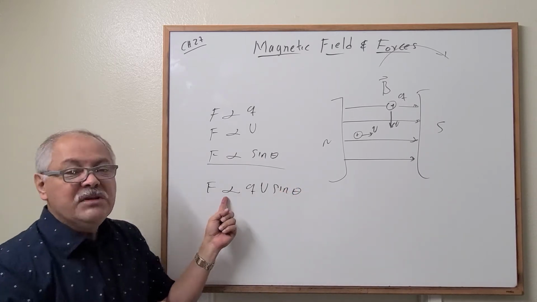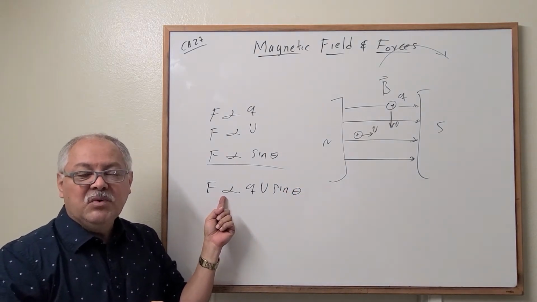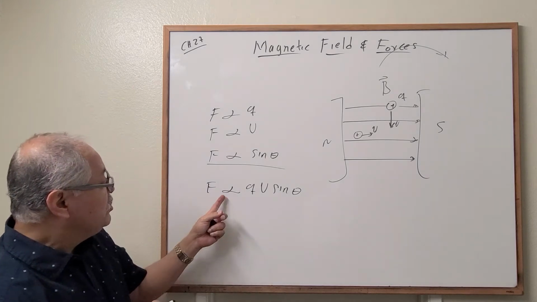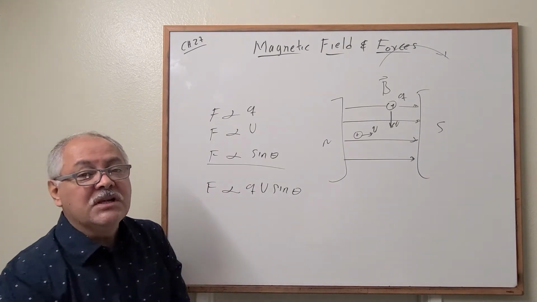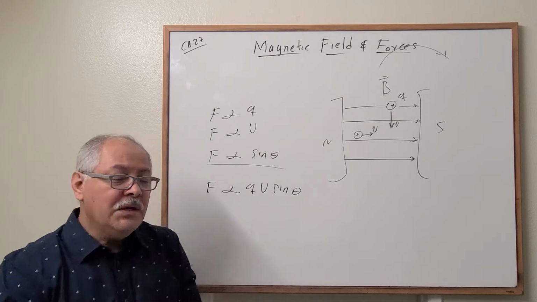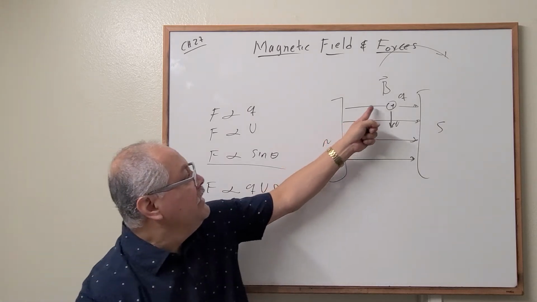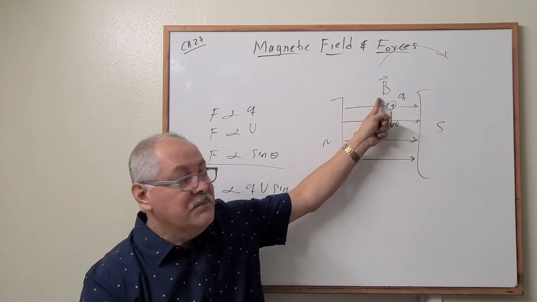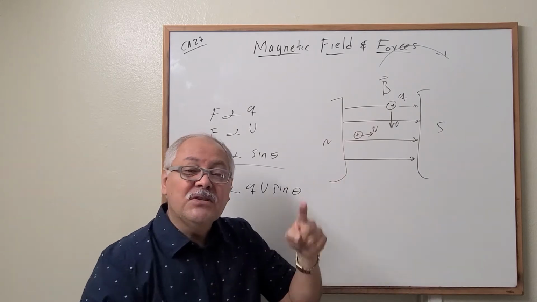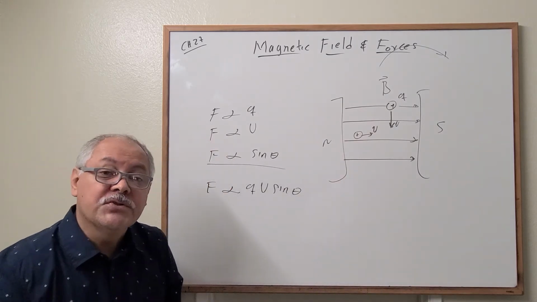But we need to eliminate this proportionality symbol. Remember, we don't want this symbol, we need an equation. So to do that, we use a constant of proportionality. It's found that the constant is the magnetic field. The magnetic field in this case is constant, so that's the constant of proportionality.